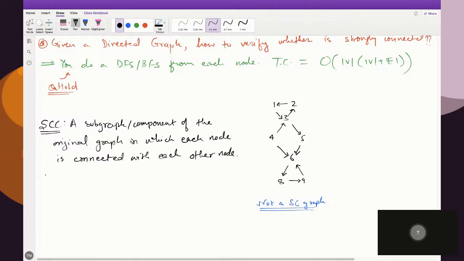So basically, that particular component is strongly connected. Okay, so basically, if you have a subgraph where each of the nodes is connected with each other, that subgraph in particular is strongly connected, then we call that a strongly connected component.